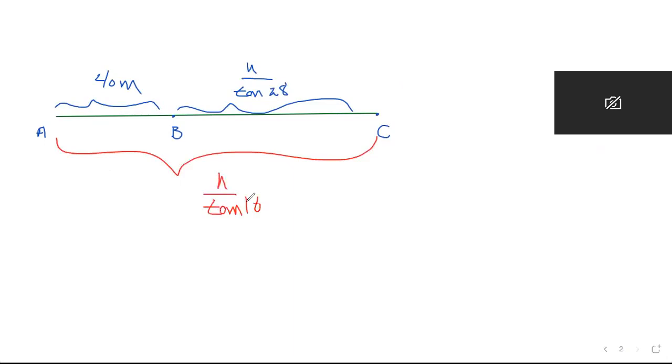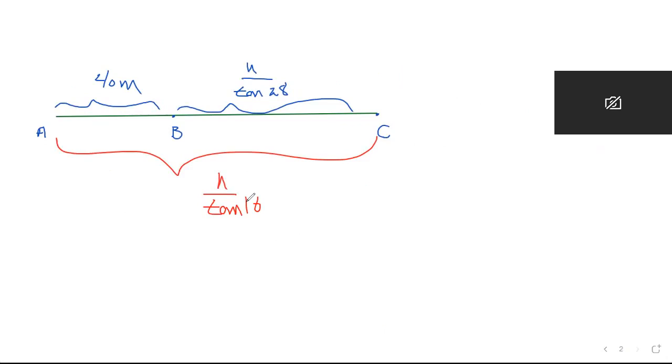And guys, look at this. Now everything has just turned out to be basic geometry. We have the whole length is h over tangent of 16. From here is h over tangent of 28, and here is 40 meters.